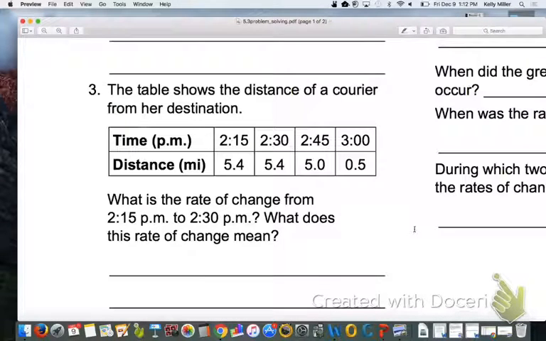So what's the rate of change? 0 miles in how many minutes? 15 minutes. What does this rate of change mean? So I guess we should have said the rate of change is 0. It means we go 0 miles in 15 minutes. No, because you're doing y over x, so it'd be 0 over 15. Good question.